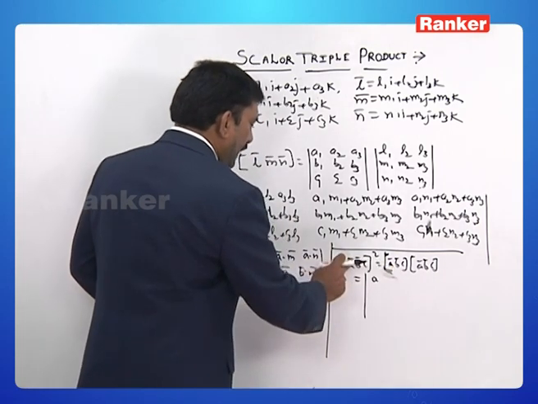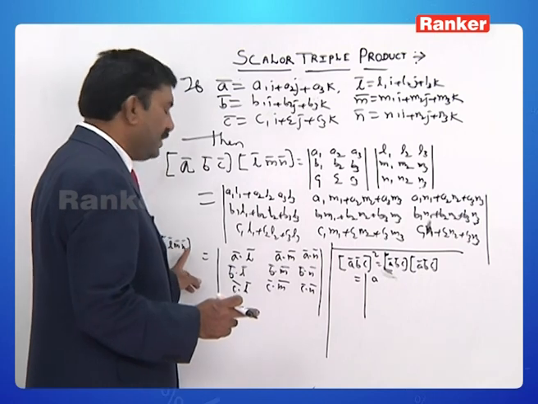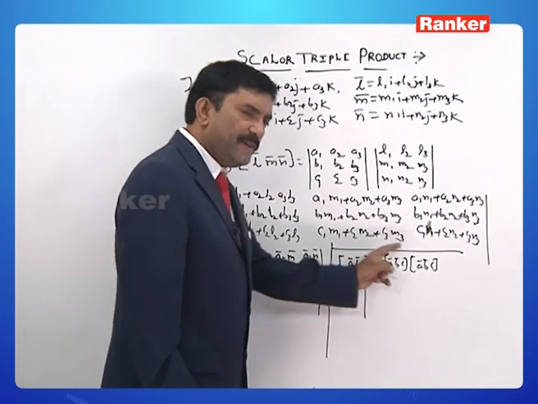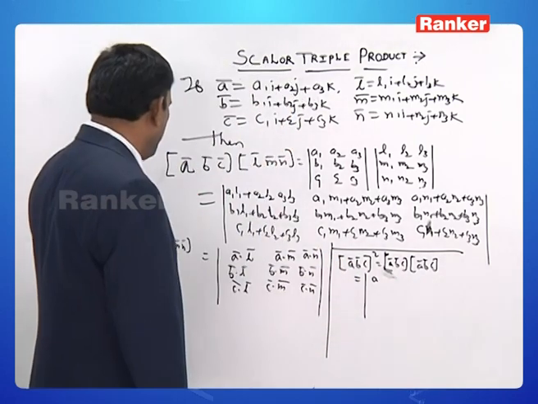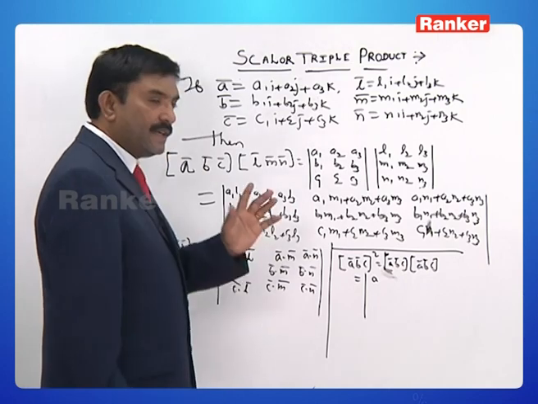In place of L, M, N, I am taking A, B, C. As I have box of ABC into box of LMN, in place of L, M, N you take A, B, C.